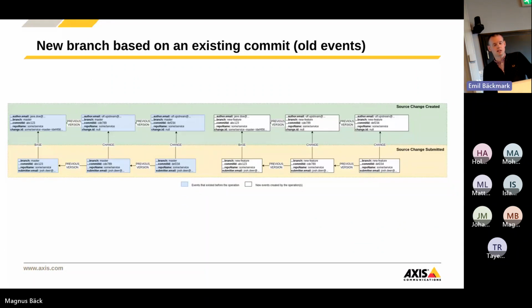So what we're doing is sending new source change created and source change submitted events when we're creating a new branch, so that we can get the expected branch values. I'm not entirely sure that this is the right way of doing things, but Sven, who made this proposal, did a lot more thinking about this than I did, and that was a conclusion that he reached that would be necessary.